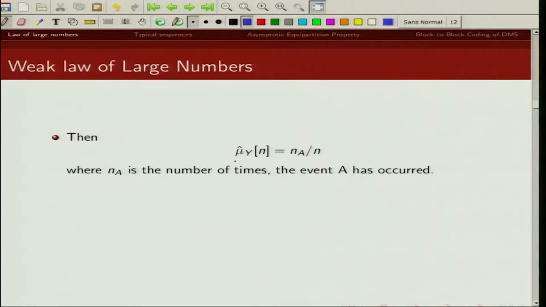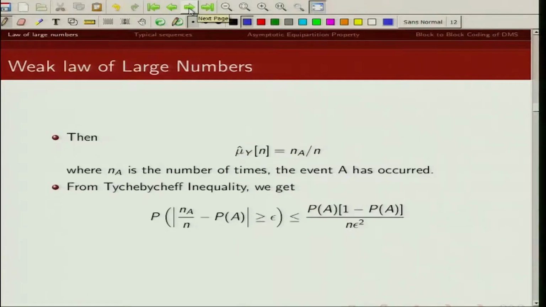Next, we define mu hat of y as Na by n, where Na is the number of times that event A has occurred out of n times. So Na times event A has occurred and n minus Na times event A has not occurred.